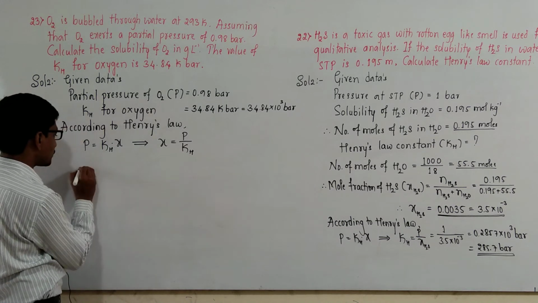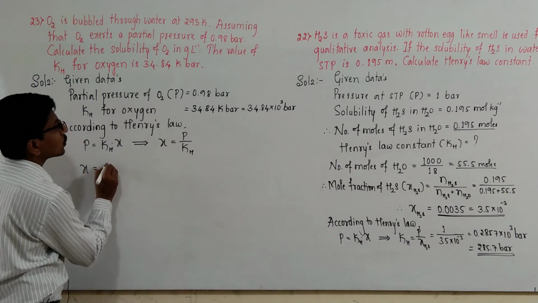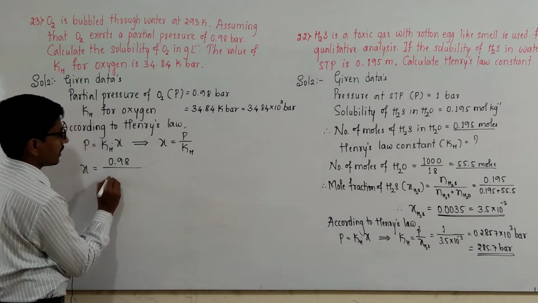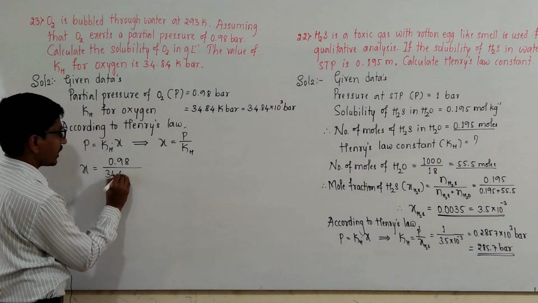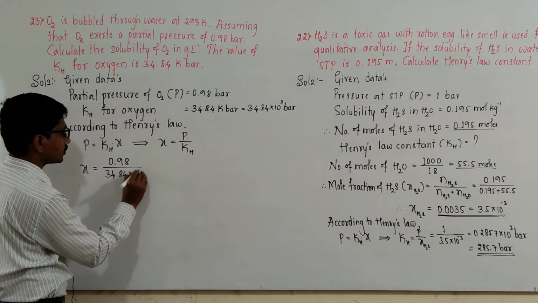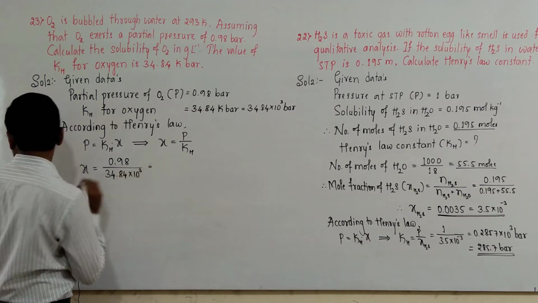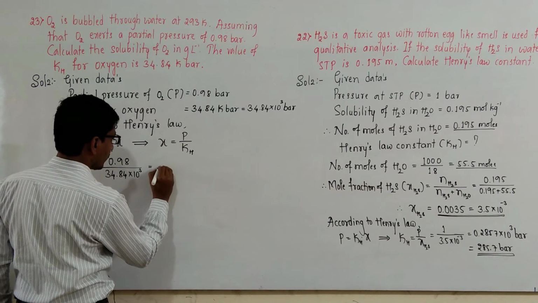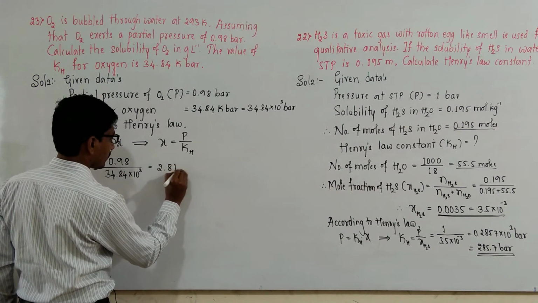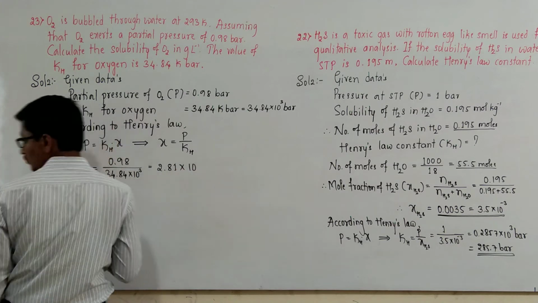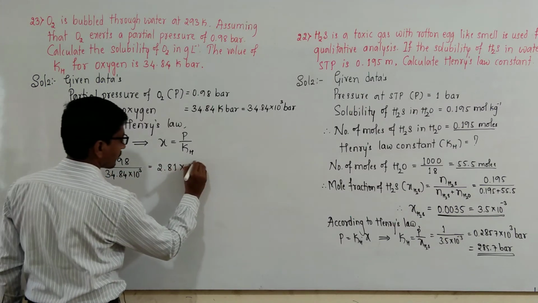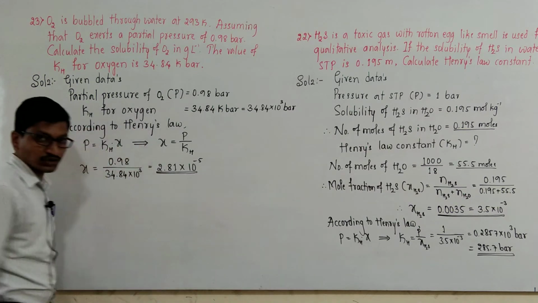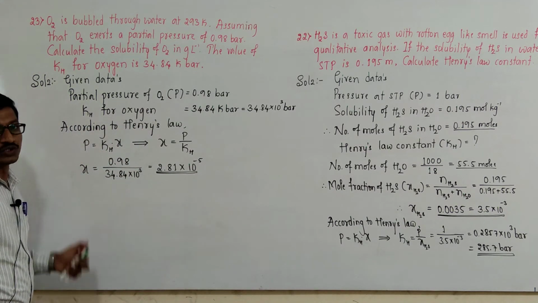Substituting the values, X is equal to P, 0.98, divided by 34.84 into 10 raised to 3. This is equal to 2.81 into 10 raised to minus 5. This is the value of the mole fraction of oxygen.